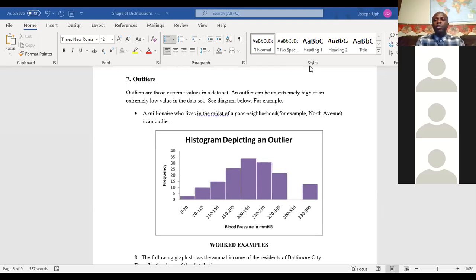Now, most people have normal blood pressure, but sometimes we have problems. When we get older, naturally our blood pressure increases. However, young people usually have normal blood pressure. But sometimes, for some reason, a teenager starts having high blood pressure. That person will become an outlier.